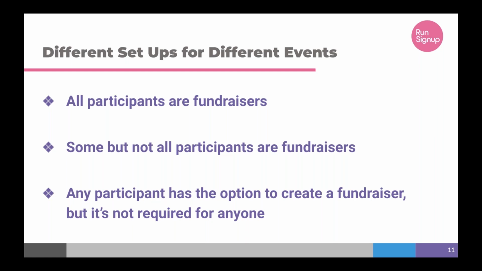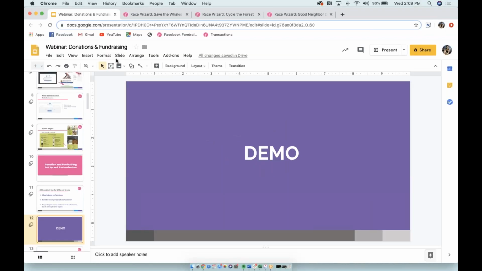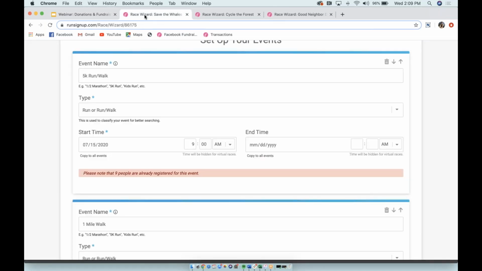I see this a lot with races that have a charity partner, and only the runners who are running for the charity partner have to become fundraisers, but the rest of the runners don't. And then the third is the most hands-off option, where any participant has the option to create a fundraiser when they sign up, but it isn't required for anyone. We are going to demo these different setups because it's easy for you to see that way.